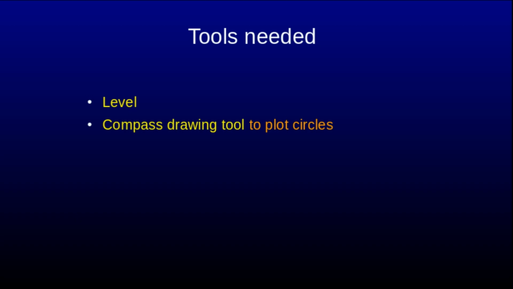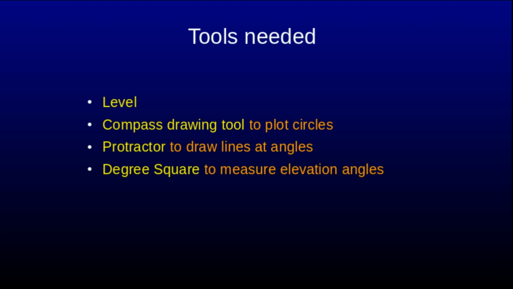A compass drawing tool to plot circles. A protractor to draw lines at exact angles. A degree square with which you can measure the elevation angles of the Sun directly. A magnetic compass. With this you can measure the azimuth of the Sun with respect to true north, of course, after you've made a correction for the magnetic declination angle.